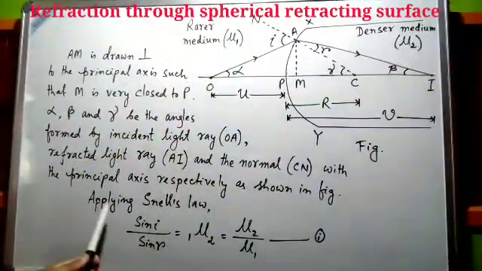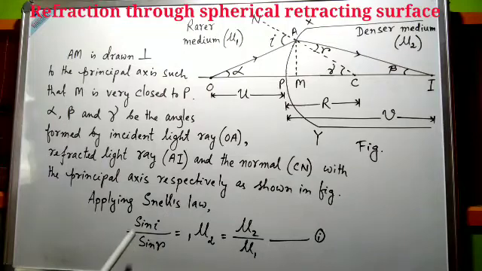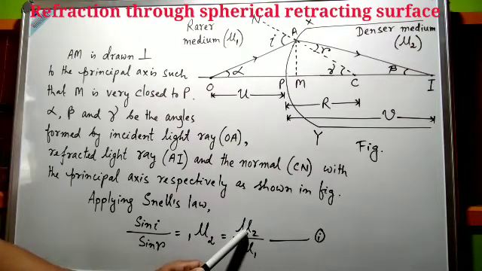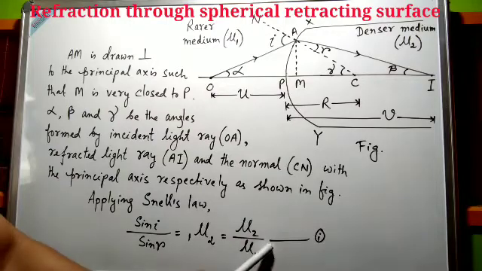So sine I divided by sine R equals mu 2 1, the relative refractive index of denser medium 2 with respect to rarer medium 1. Mu 2 1 is the absolute refractive index of denser medium 2 divided by absolute refractive index of rarer medium 1. Let it be equation number 1.